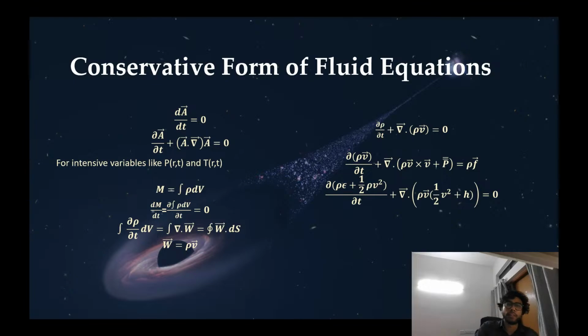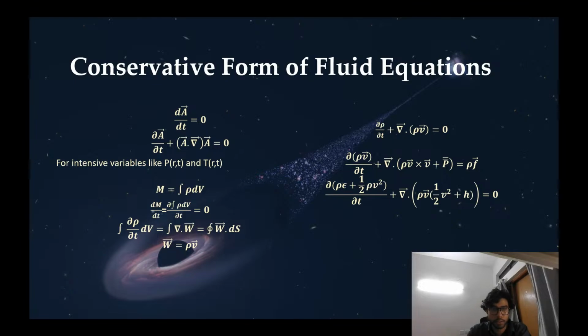Okay. So to give an example of how a conservative form looks, let's say you have a fluid whose density is rho. If you integrate over the volume, rho dV, you'll get the mass. Now, no matter what happens, you are not adding mass into the system, and there is no way that mass is leaving the system.